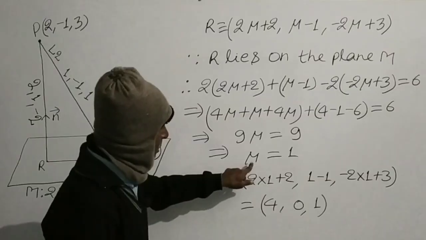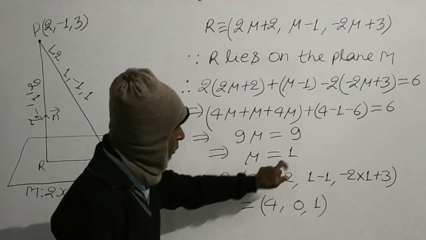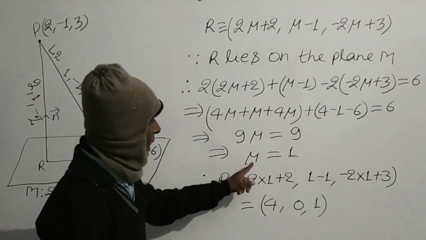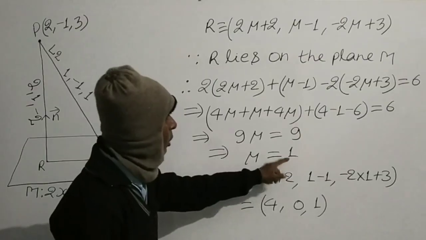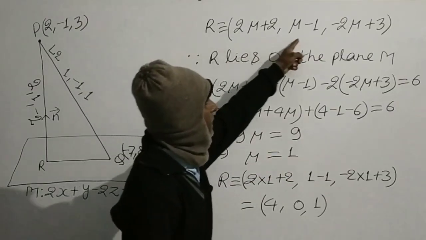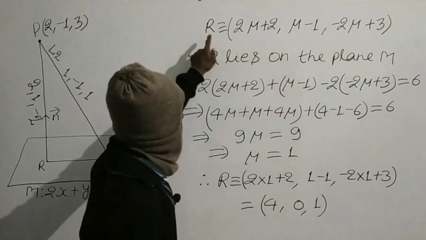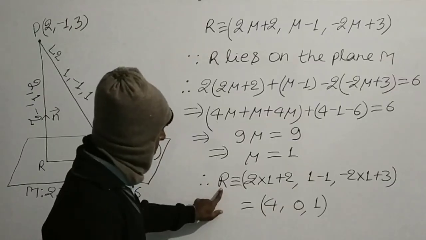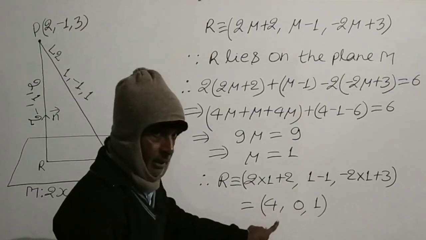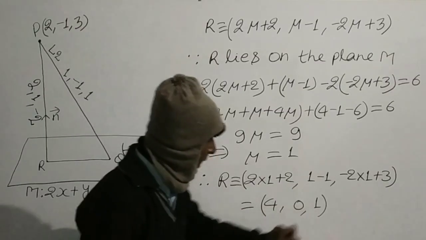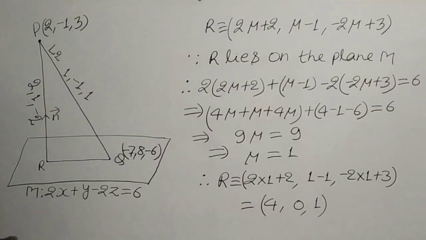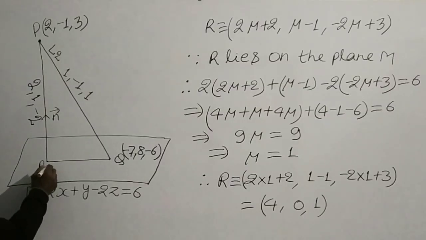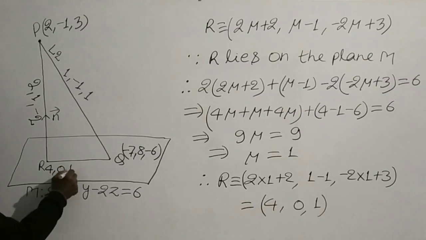Then we get value of mu is equal to 1. When we put this value of mu here, here and here, then we get coordinate of R is 4, 0, 1.